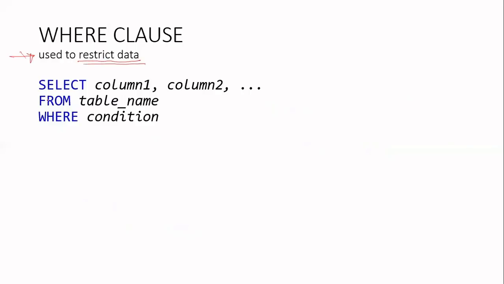We restrict it. From my previous video, we focused on this part where we said select column 1, column 2, depending however many columns you want from your table name, and that was compulsory. And that would return all the records.